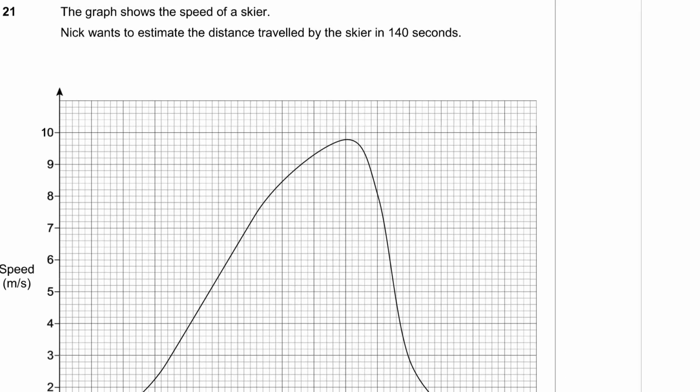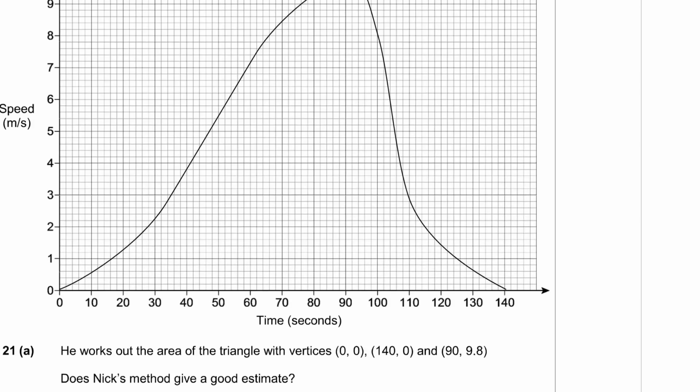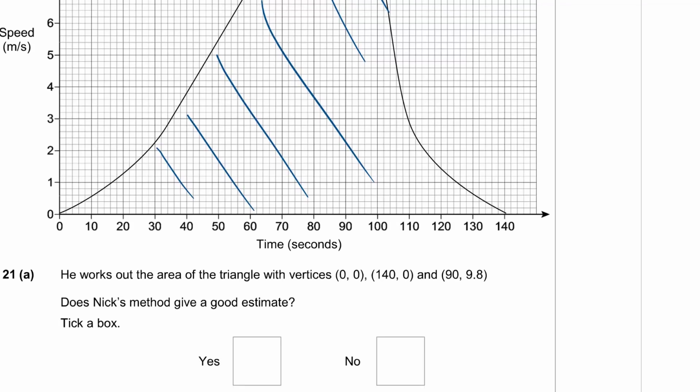Question 21. We've got a speed-time graph which we're told represents the speed of a skier, and we're told that Nick wants to estimate the distance travelled by the skier in 140 seconds. Now distance travelled is the area under the graph, so we're going to have to work out what this area is. So he works out the area of the triangle with vertices 0, 0 and 140, 0.